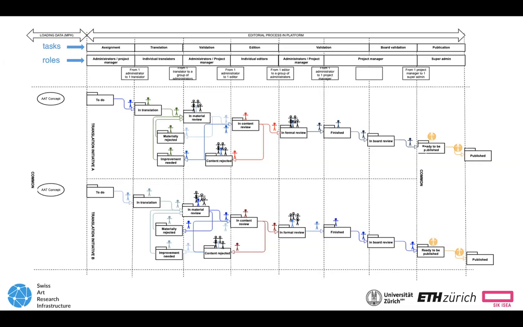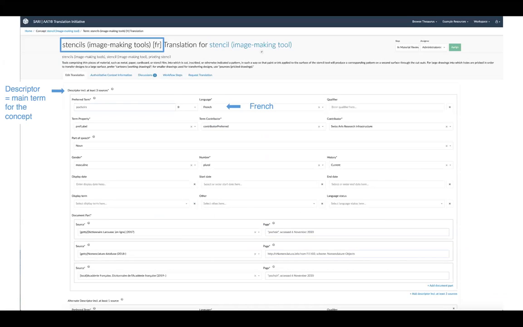And then it's following like this, step by step, until it is published in the platform, first swissartresearch.net, and then to the Getty AAT Thesaurus. I made some screenshots from our translation platform. In this case, it concerns the translation container in French for the concept stencils.